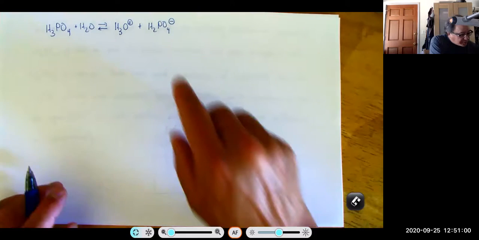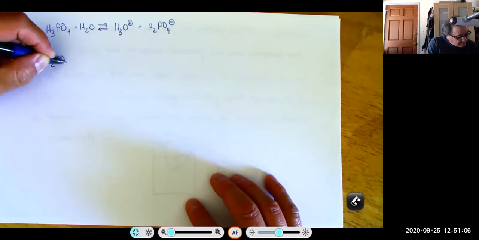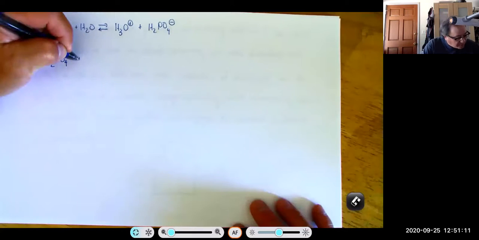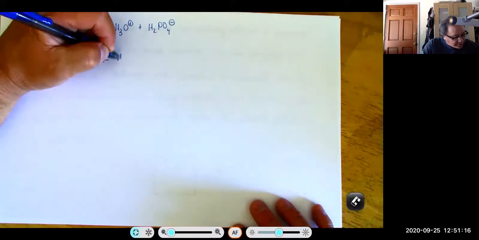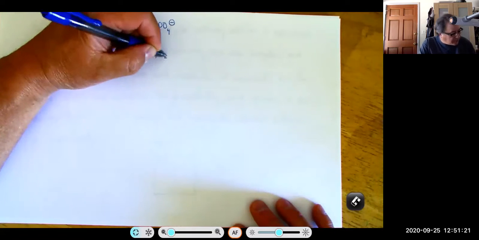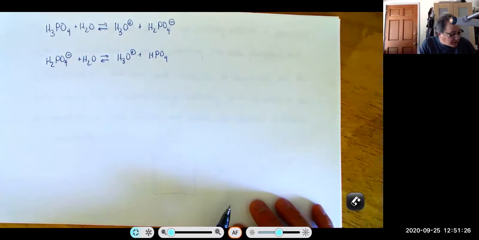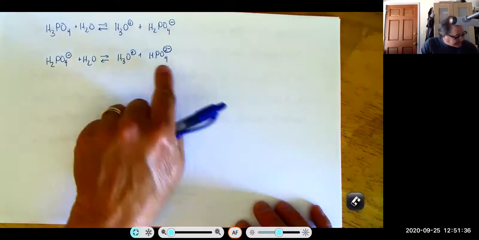Now, what happens with this guy? It reacts with water and you get H3O plus and you get HPO4. You'll notice this is a -1 and this is a 0. This is a +1, so this must be a -2. This is an acid.